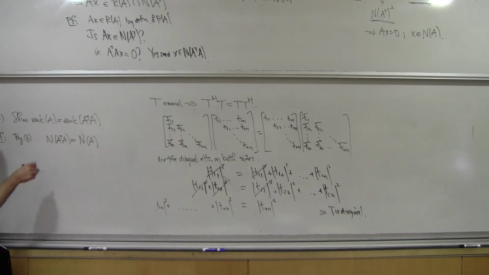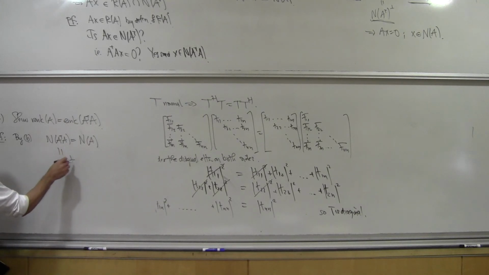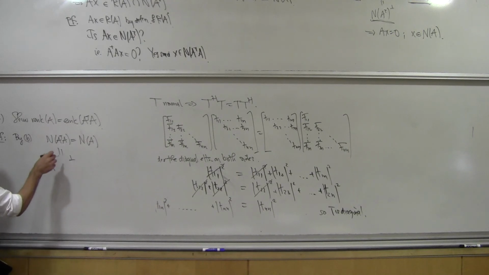Okay. Now we're going to use the fundamental subspaces theorem again. The null space of ATA is going to be the orthogonal complement of the range of the transpose of ATA. But what's the transpose of ATA?